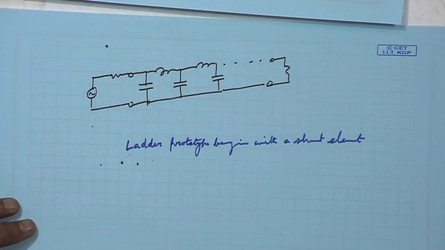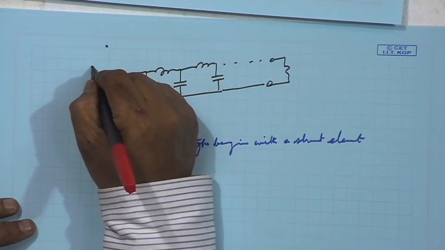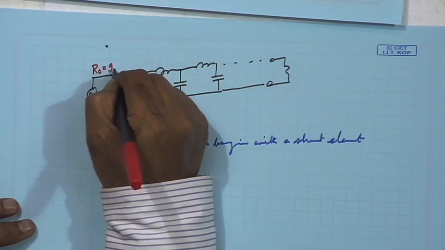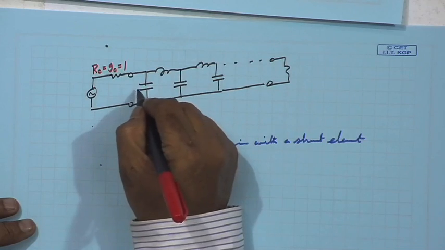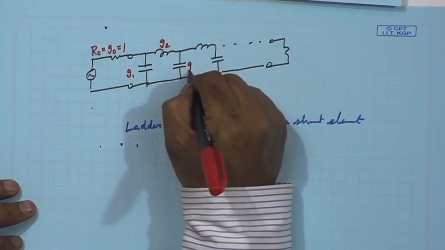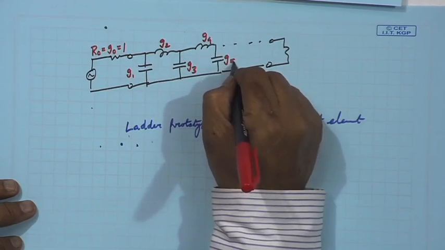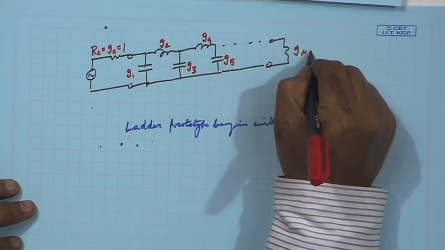Here R naught is equal to G naught is equal to 1, then this will be G1, this will be G2, this will be G3, this will be G4, this will be G5, and this will be G n plus 1.